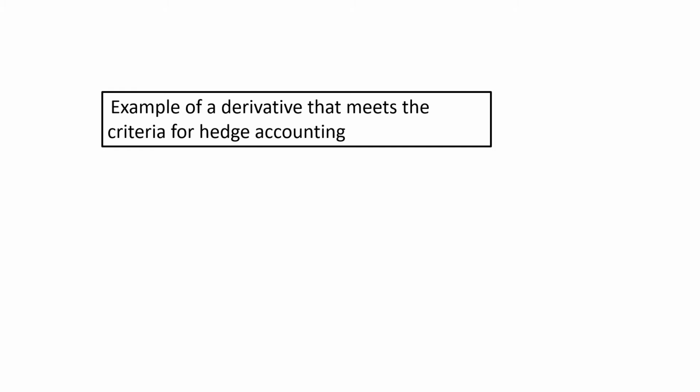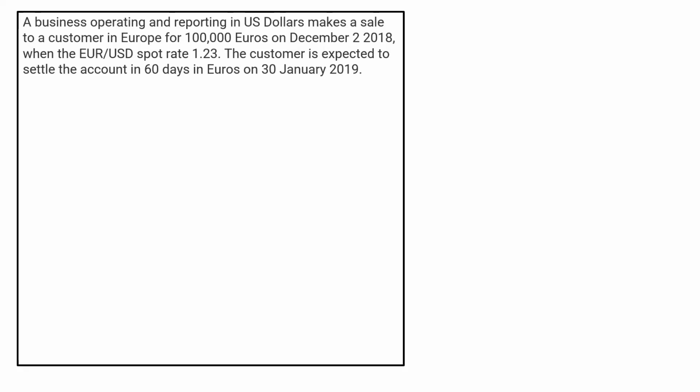We'll now go through an example of a derivative that meets the criteria for hedge accounting. A business operating and reporting in US dollars makes a sale to a customer in Europe for 100,000 euros on December 2, 2018, when the Euro-USD spot rate was 1.23.